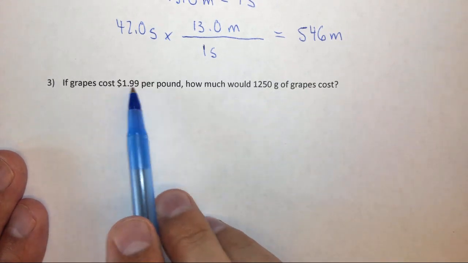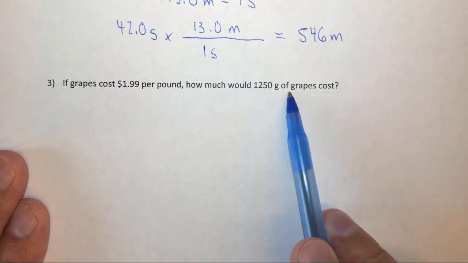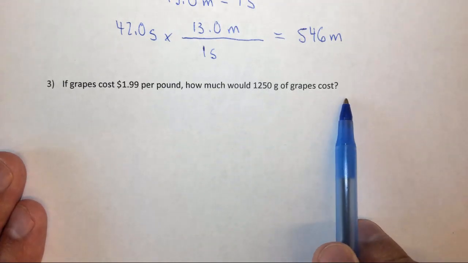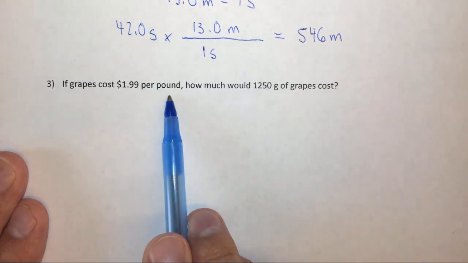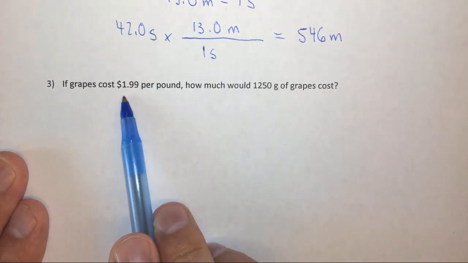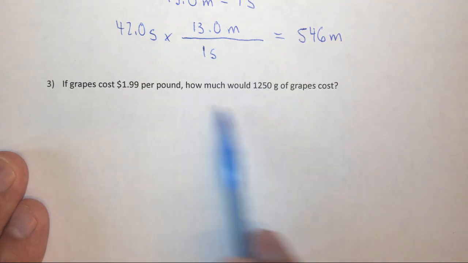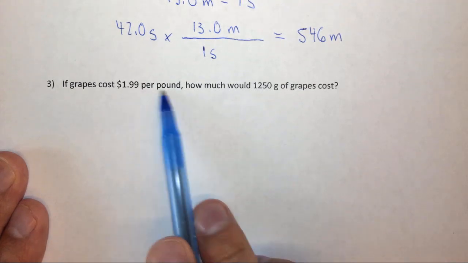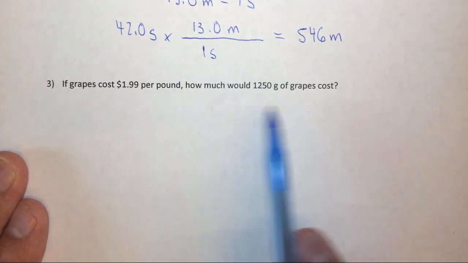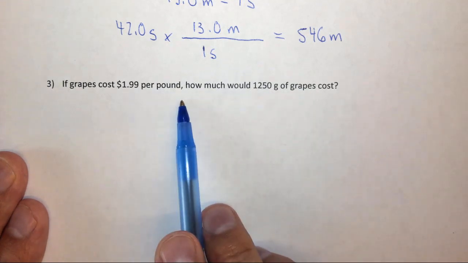It says, if grapes cost $1.99 a pound, per pound, how much would 1,250 grams of grapes cost? Well, here we have $1.99 per pound, so $1.99 equals 1 pound. However, we have a gram of grapes. So before we can use this as an equality and then as a conversion factor, we do need to convert this into pounds so that we can use it.